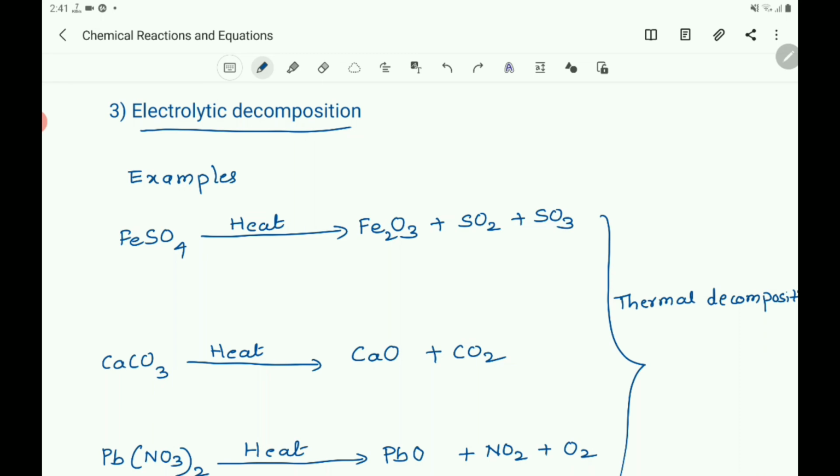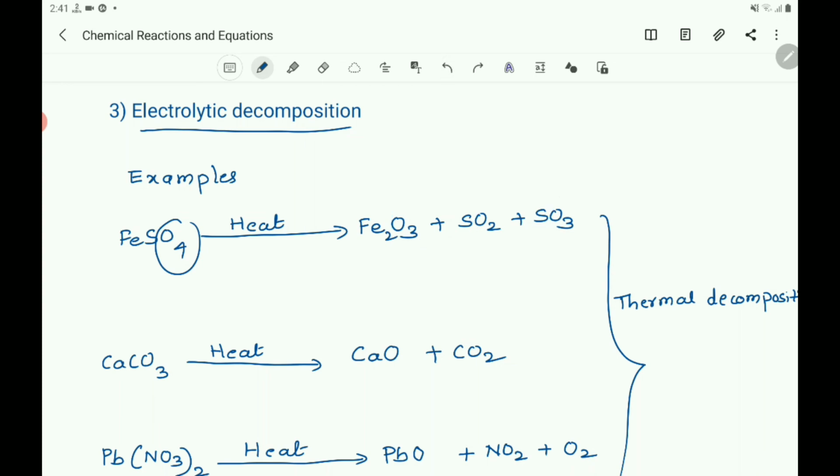Here you balance it. FeSO4 is ferrous sulfate, Fe2O3. Here Fe2 is there and O4 is there. Here O3, O2, O3. So you will get 3 plus 2, 5, 5 plus 3, 8.